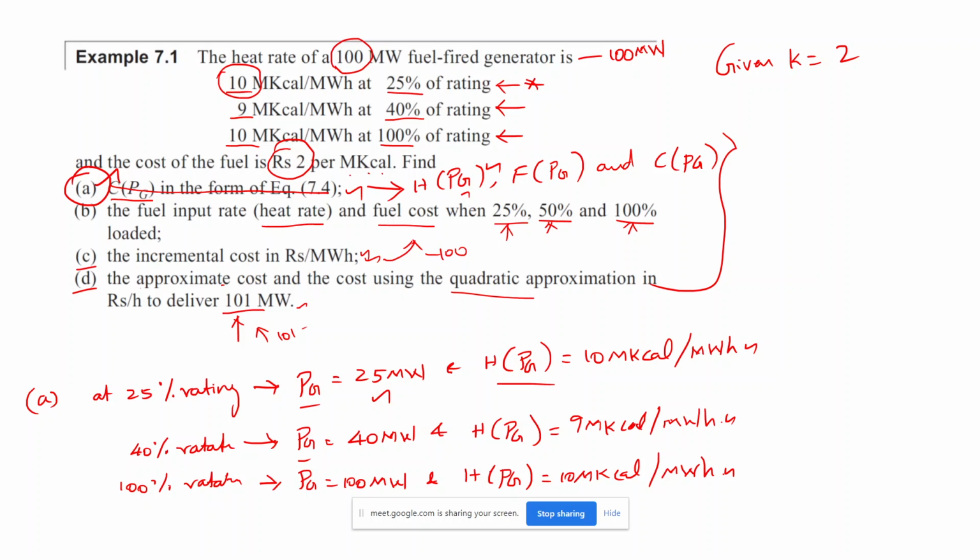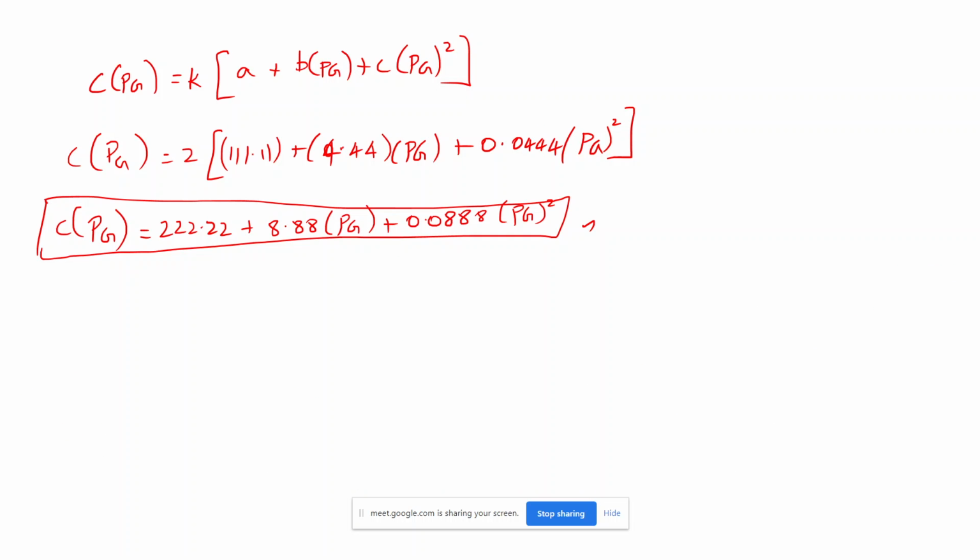Next, what they are asking, we need to find out the heat rate. Heat rate is nothing but F of this 25, 50 and 100, and then fuel cost is nothing but C of this 25%, 50% and 100%. Clear? So how to do that?